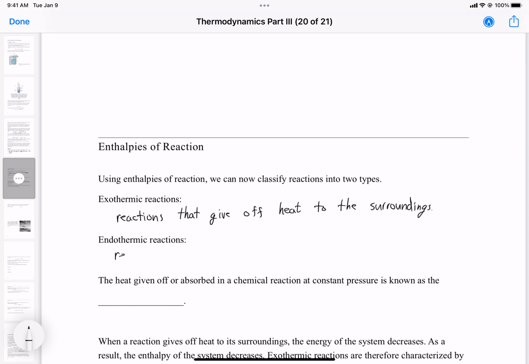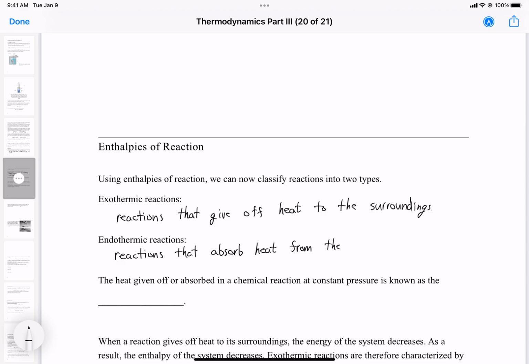So, reactions that gain or absorb heat from the surroundings.